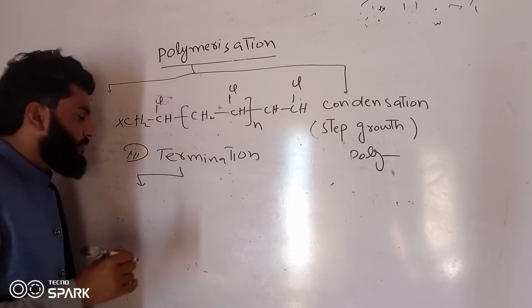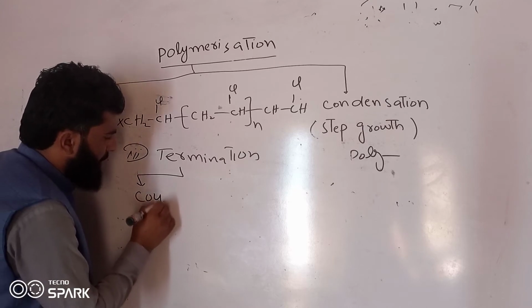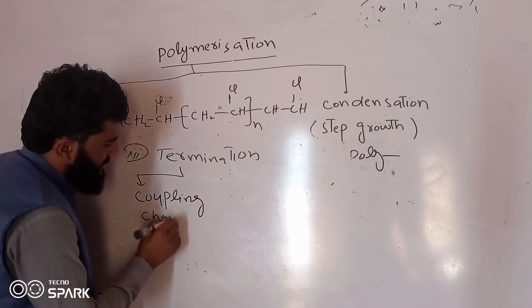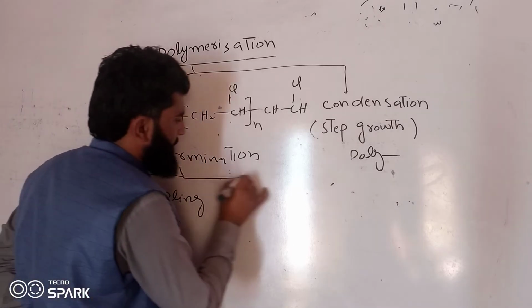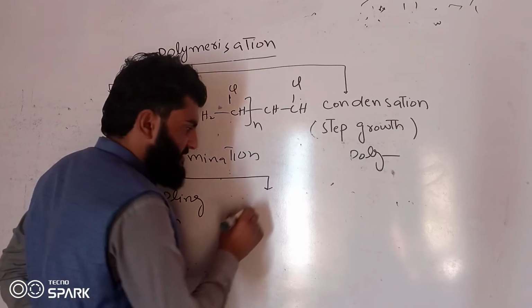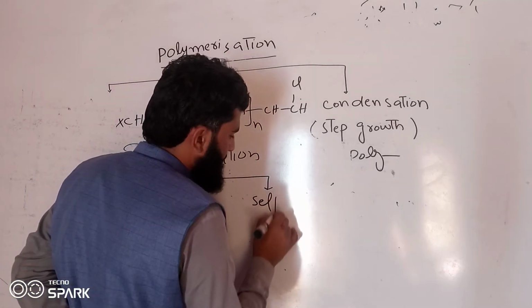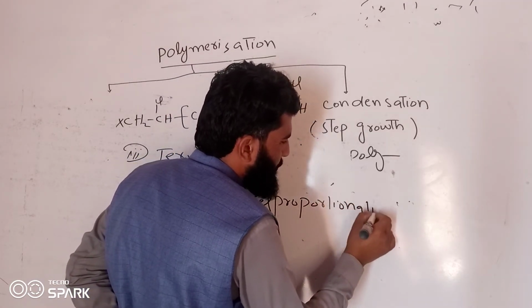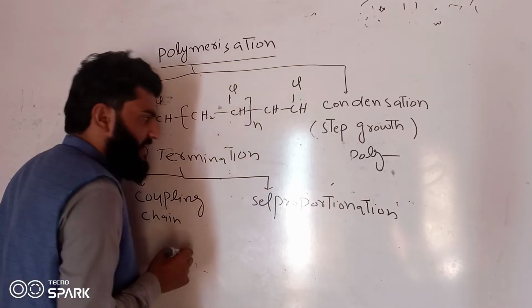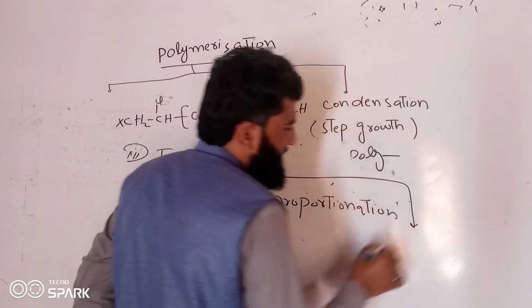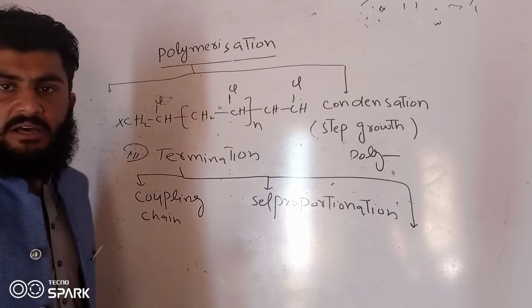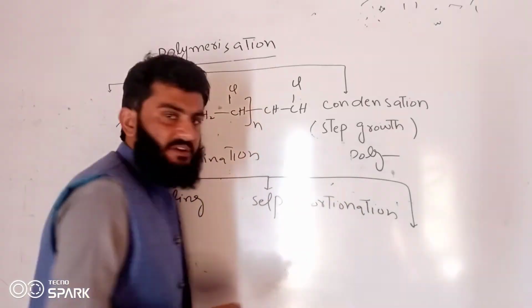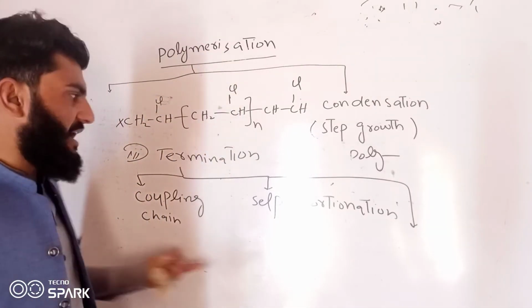It may be due to coupling of the chain, by self proportionation reaction, and the third one is by the chain or atoms recombination, which we will discuss later. Clear? So these three are the main ones.